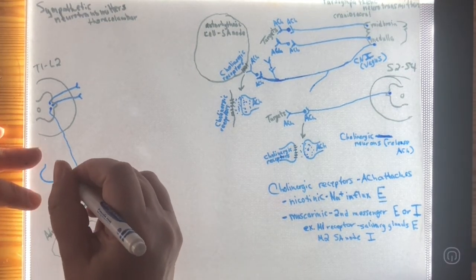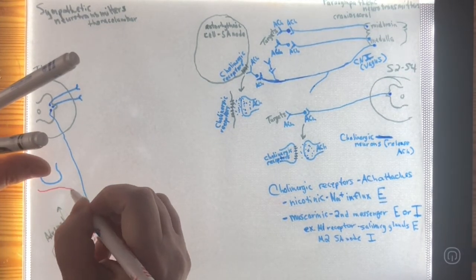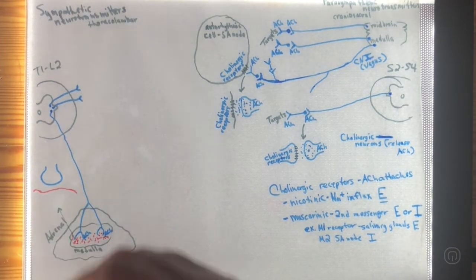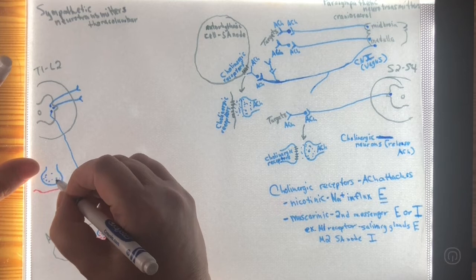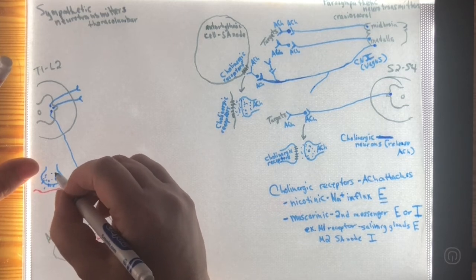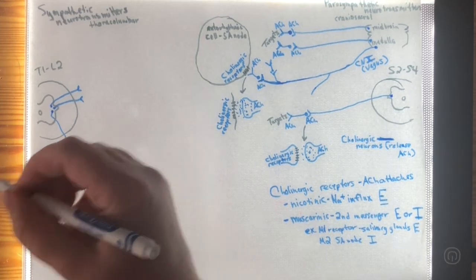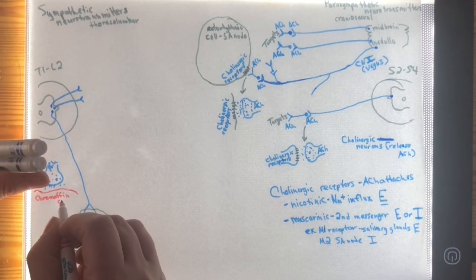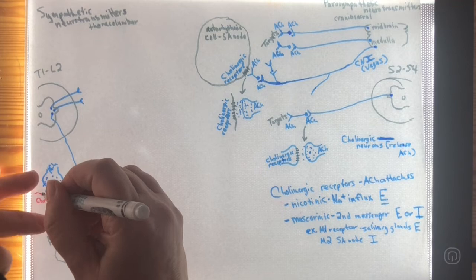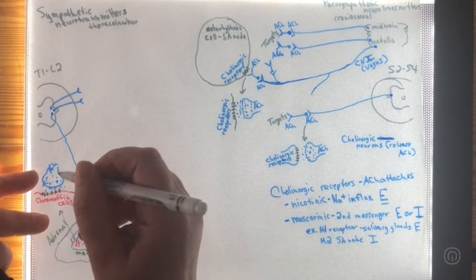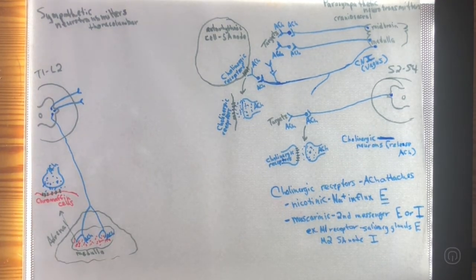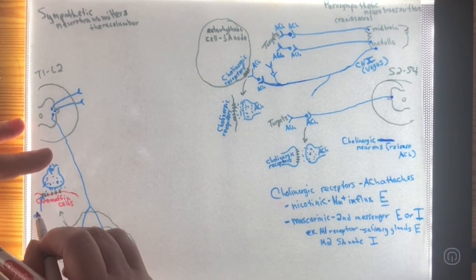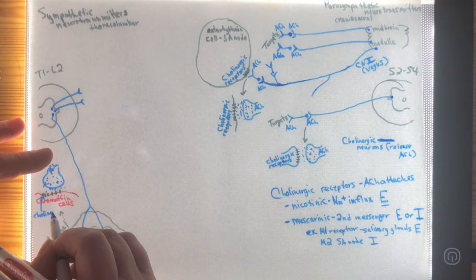As we did on the parasympathetic side, we're going to be taking a closer look at the actual synapse itself. And so what we have is a cholinergic neuron, preganglionic, presynaptic, that produces and releases acetylcholine. And then we have these specialized cells called chromaffin cells inside of the adrenal medulla. The chromaffin cells, their job is actually to produce epinephrine and norepinephrine, but they have cholinergic receptors.